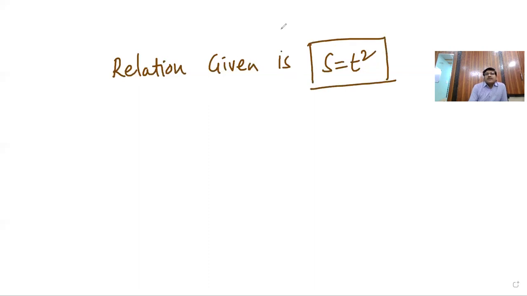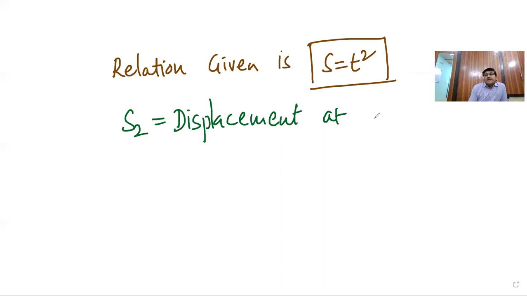Now, let us take up. What is the relation given? Relation given is displacement S is equal to t square. So we require S2. S2 is displacement at t is equal to 3 seconds. So S is equal to t square. Substitute, t square is 3 square, so 9 meters.